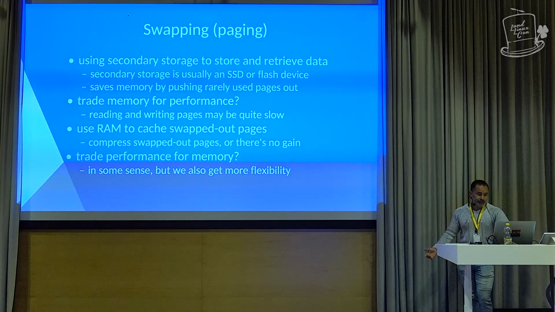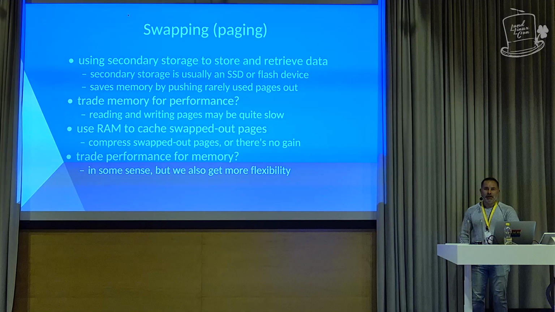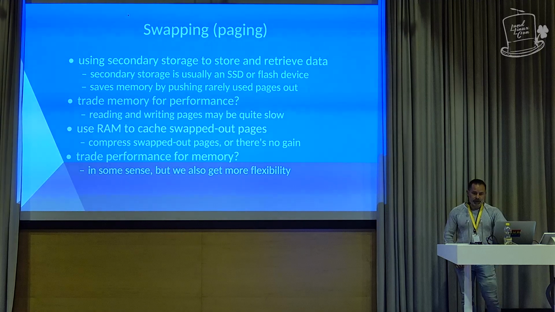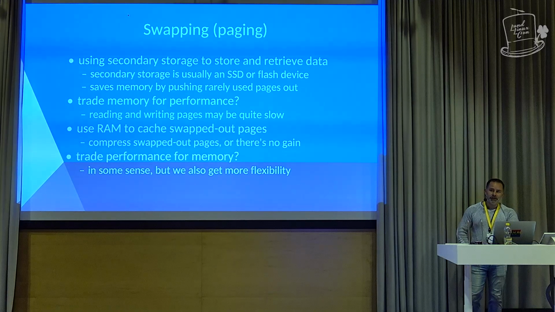What we do by swapping, or paging, is we use secondary storage, which is larger. It's usually a solid state or flash device. And we store the pages there. So we save memory by pushing these pages out, and on demand, an exception is generated, and these pages are put back into RAM for use by the CPU or GPU or whatever caused the exception of not having this page. So we use MMU capabilities in a pretty straightforward way to do this.